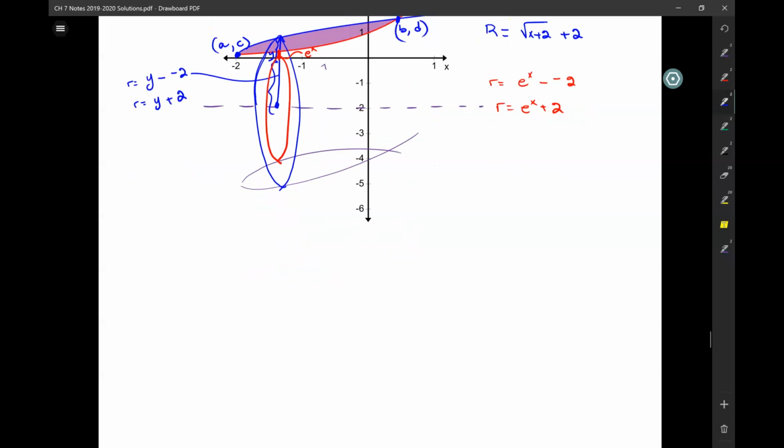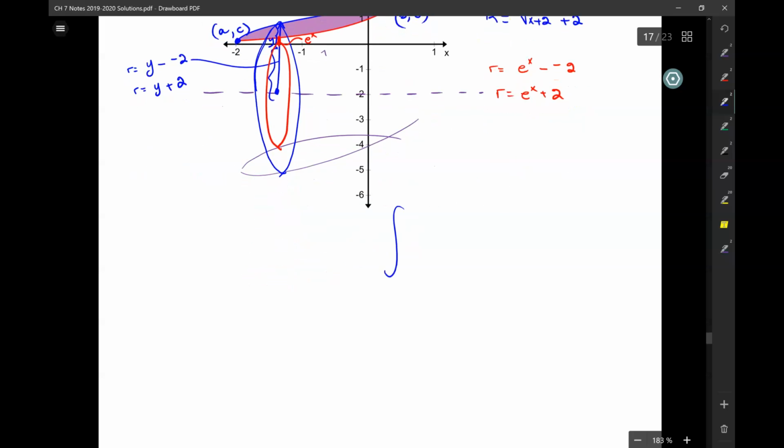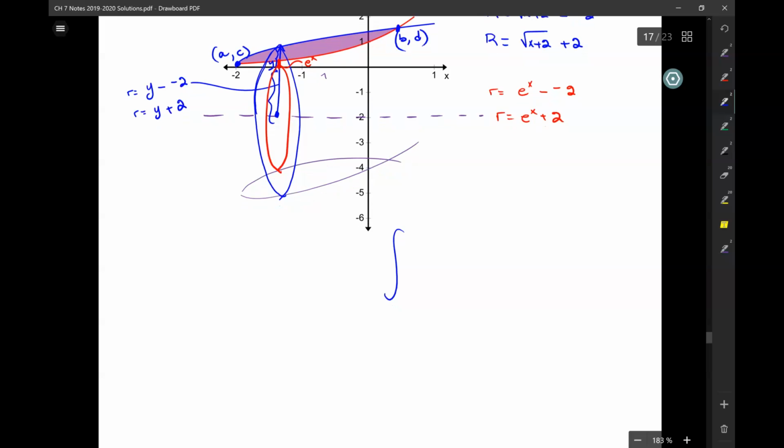So let's write the integration, first of all. This is going to be the big radius, the square root of x plus 2, squared, minus the little radius, and there's a pi out front, dx. So pi R squared minus r squared.